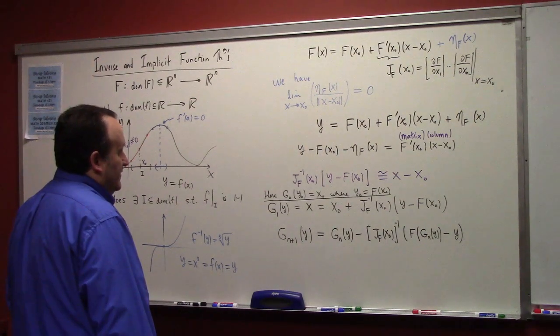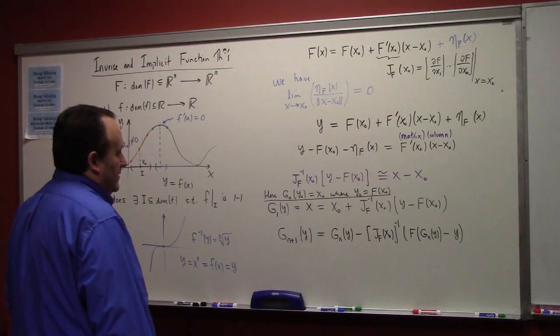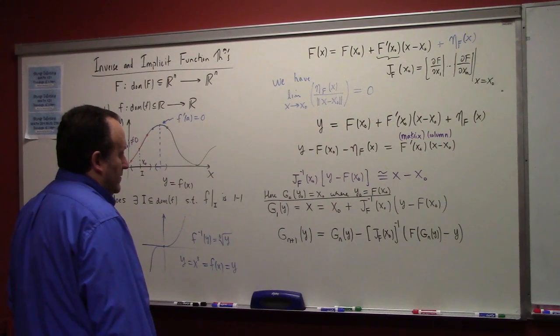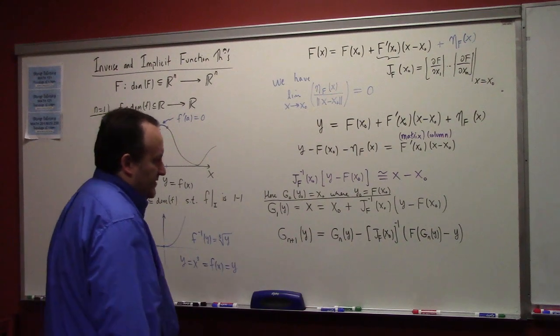Let me think about this. What was f of g0 here? Sorry, I'm trying to see the pattern.